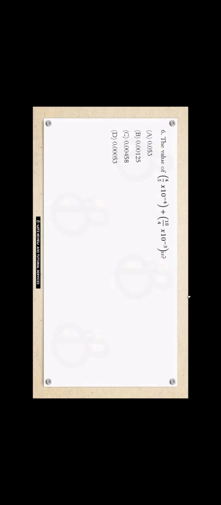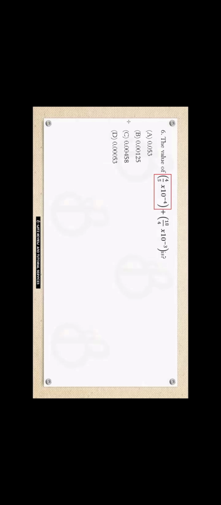Let's proceed to number 6. We need to find the value of this expression. Now, the first thing that we need to do is to calculate the first term here. We have 4 over 5 times 10 raised to negative 10.